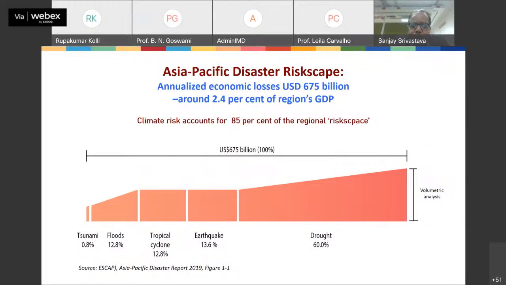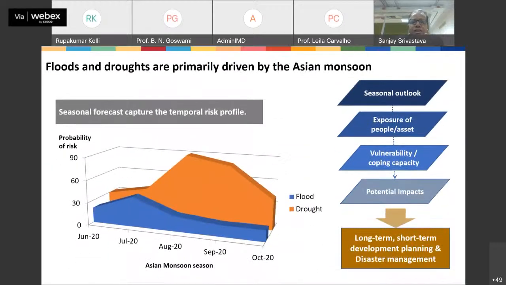So 60% drought, 13% tropical cyclone, 13% floods, and only 13 to 14% earthquake and tsunami. So if you see the risk landscape in the region, 85% of the monetary losses come from climate-related disasters, that is drought, tropical cyclone, and floods. If I come to my next slides, our next analysis shows why the monsoon is so important.